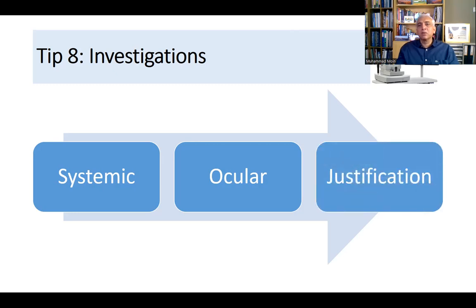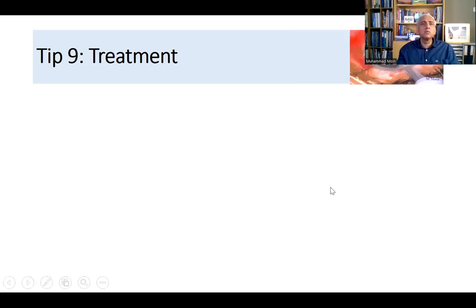And you always need to give whatever investigations you're going to do, what justification you have for that case you saw, and why you ordered those investigations. And once you've done with the investigations, then you're leading yourself towards the treatment.